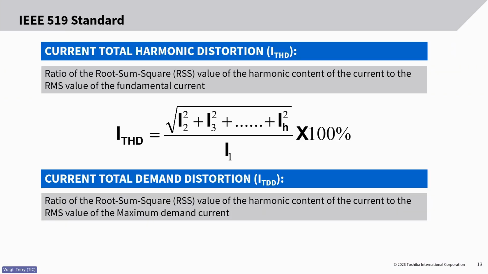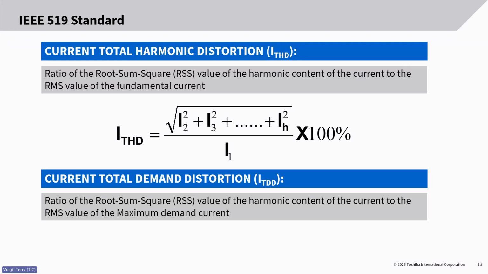All right, so current distortion. It's a similar type of calculation for amperage. We take the root sum square of the individual harmonic contents, and then divide them by the fundamental current. And then an additional, new value is ITDD, or total demand distortion.